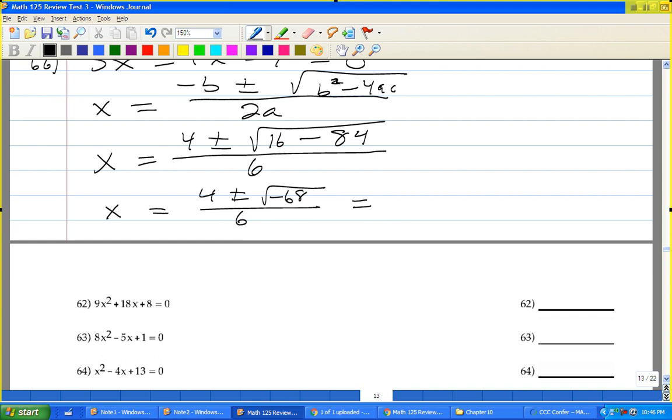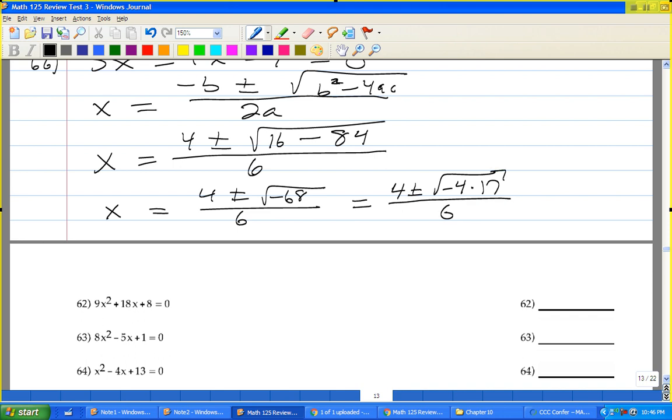And so let's say I can divide that by 4. So this is 4 plus or minus rad negative 4 times 17 over 6.